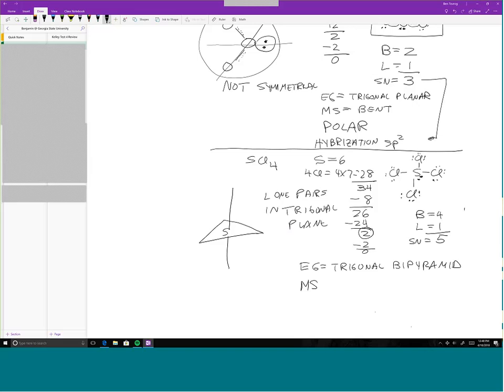What I mean by that is we're going to put a lone pair here. The lone pair can never be at the top or at the bottom. It always has to be in the plane. The chlorines are going to be everywhere else. So it's called sawhorse.